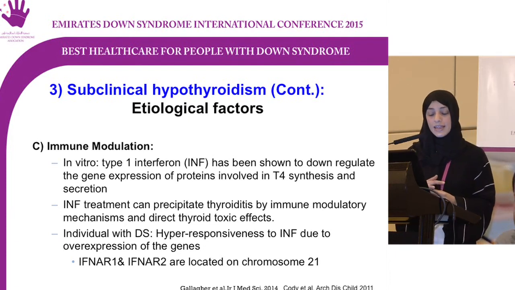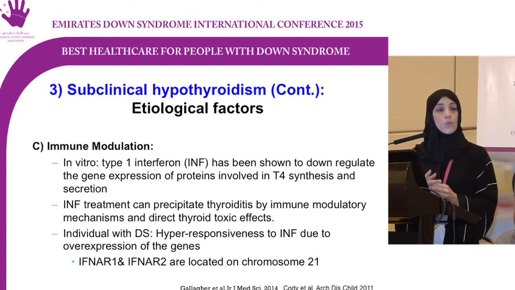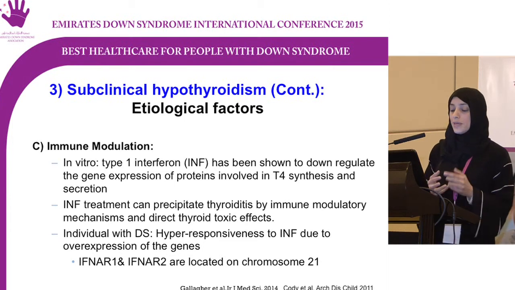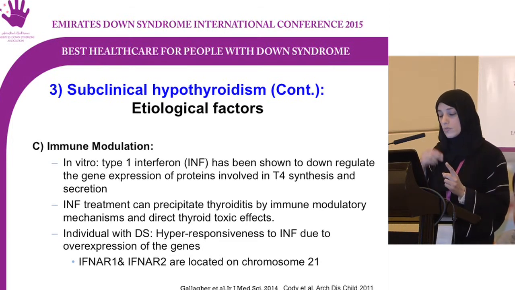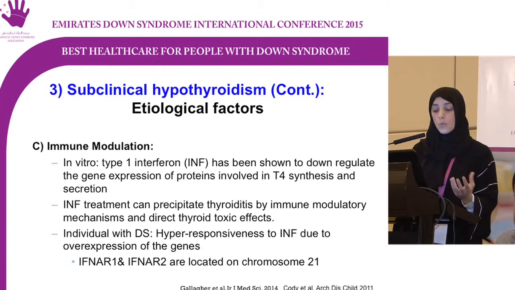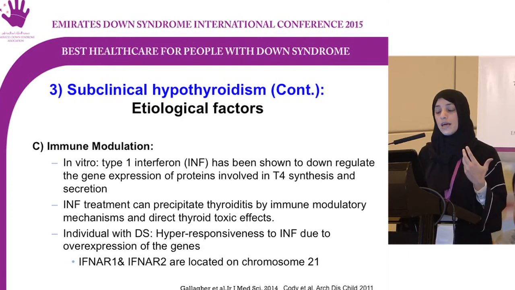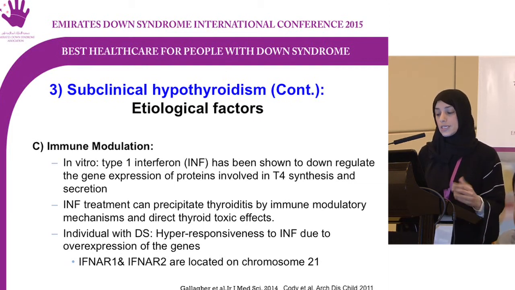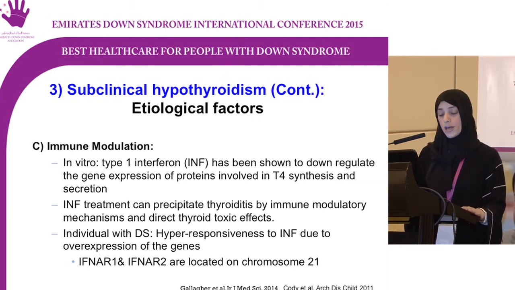Then they discovered that interferon alpha receptor 1 and receptor 2 are located on chromosome 21, which means these kids, because they have an additional chromosome, tend to overexpress these receptors. They will be more responsive to IFN type 1, causing a thyrotoxic effect and hypothyroidism.